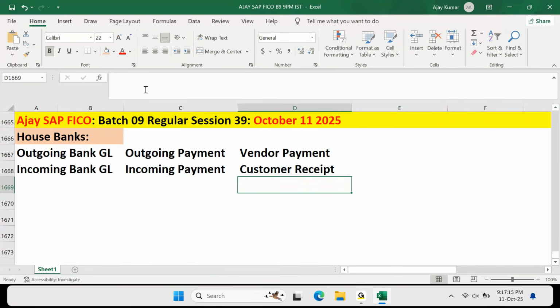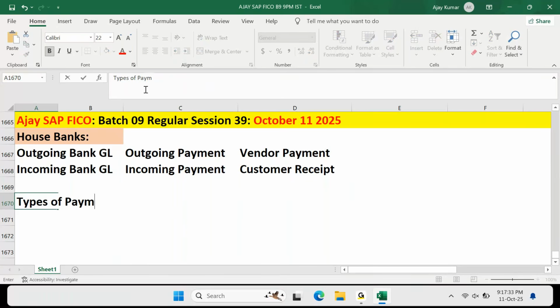Now, next one. Here you talk about vendor payment or customer receipt. In short, incoming payment, outgoing payment. Now here we need to understand the types of payments.